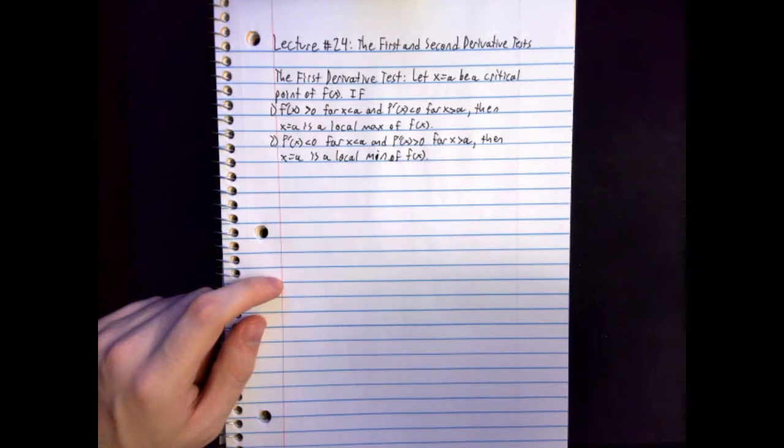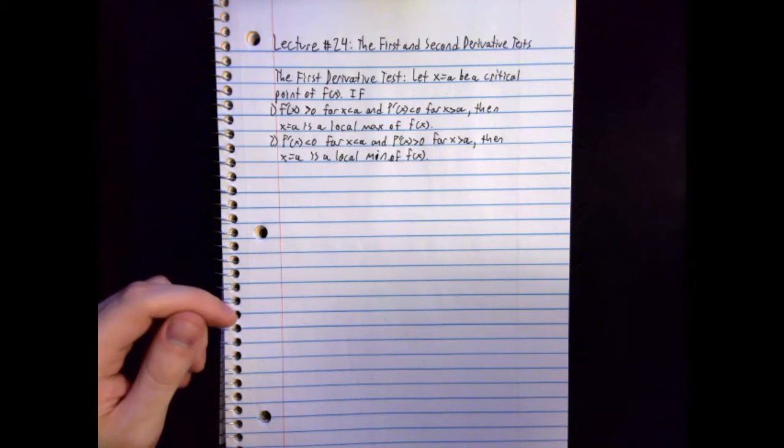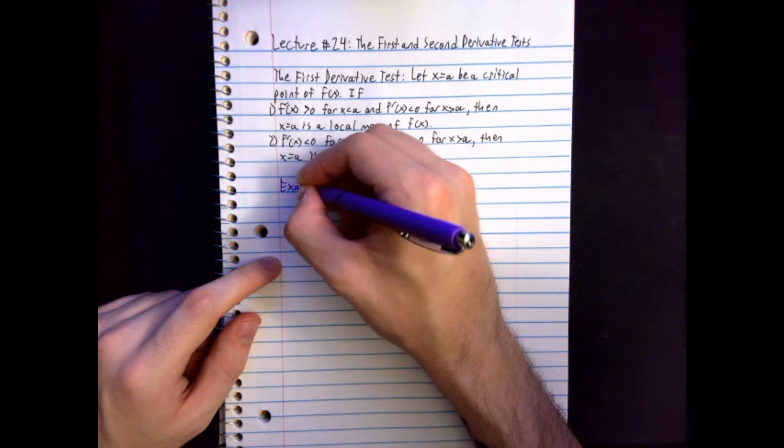Okay? And if we go back to our example that we looked at, this is precisely what's happening. If f prime of x is positive and then switches to being negative, I have a max. And if the reverse of that is true, if I'm negative and I switch to being positive, then I have a minimum.